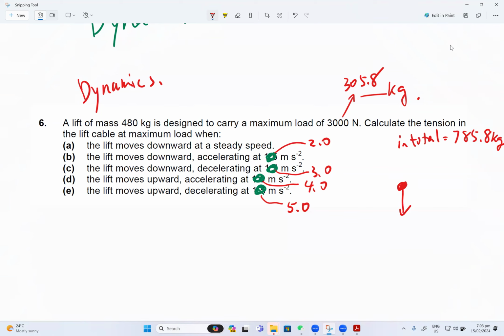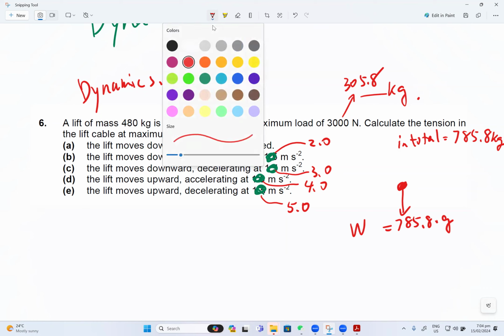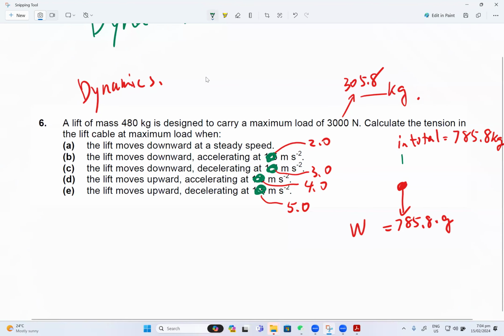Here, this much times by g. That's called the weight. And the lift got a cable. The cable gives tension up.